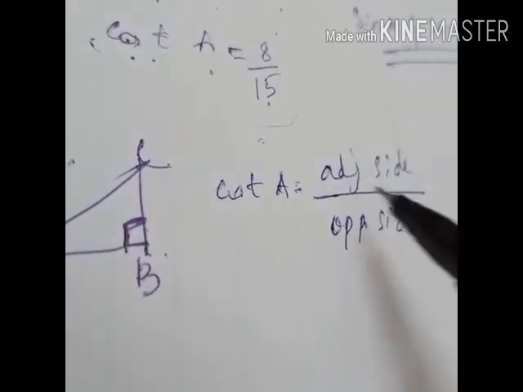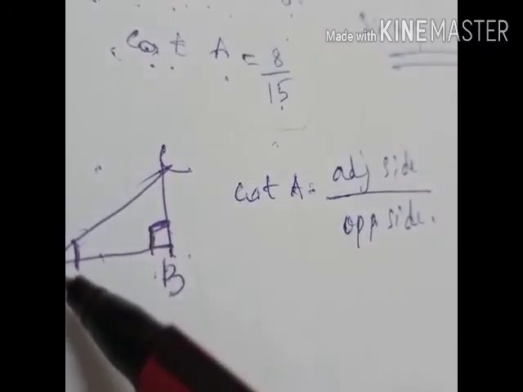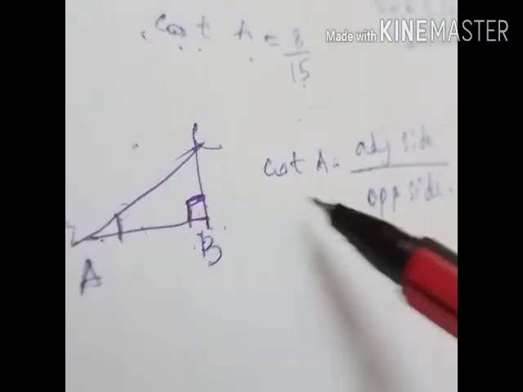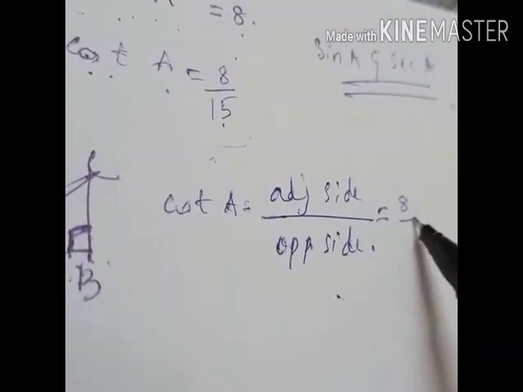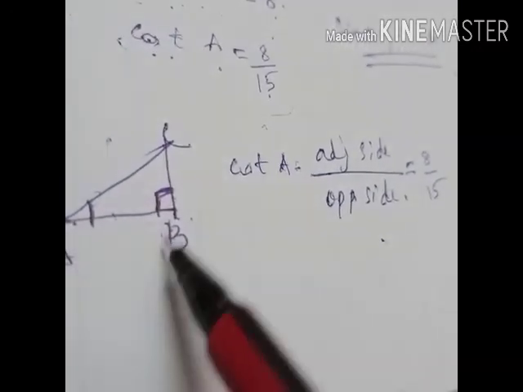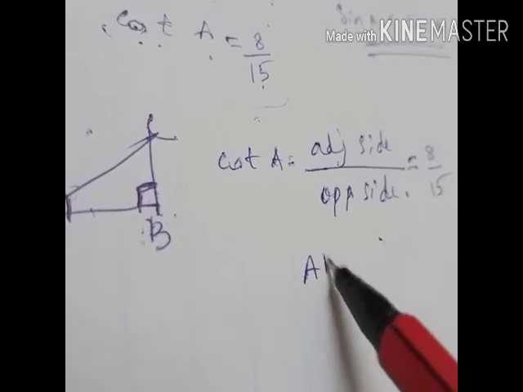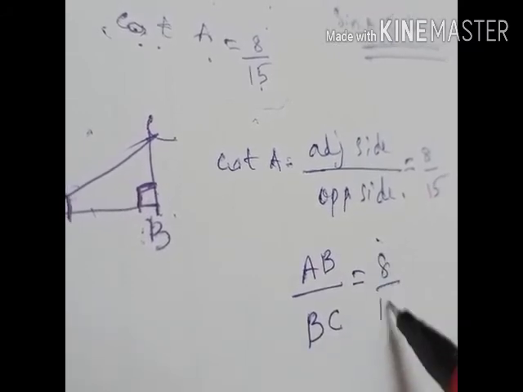You can write it in full form: side adjacent to angle A by side opposite to angle A. This is given as 8 by 15. So adjacent side is AB, then opposite is BC. So AB by BC equals 8 by 15.